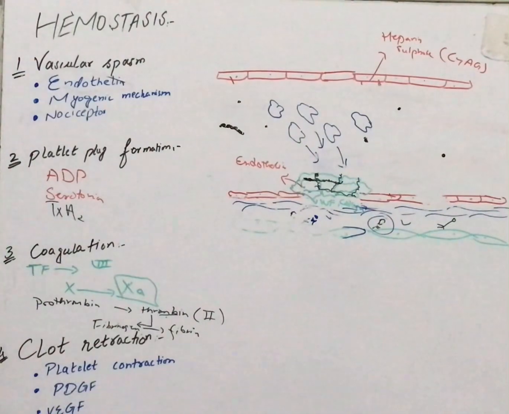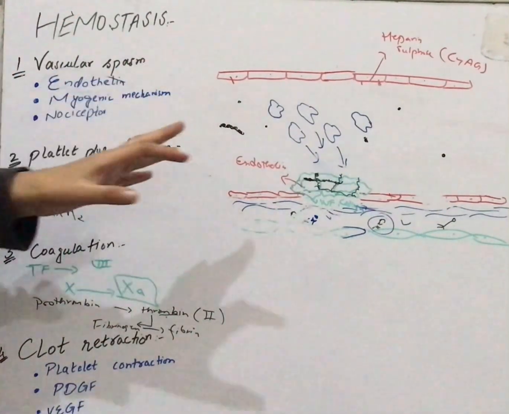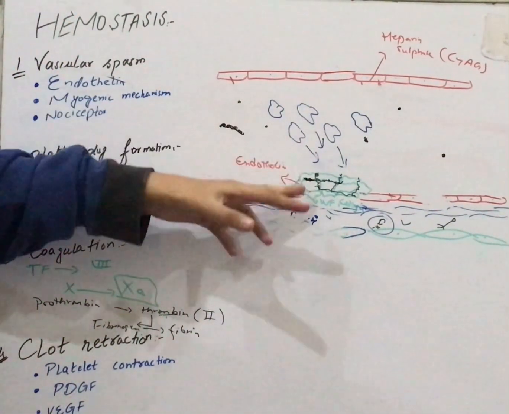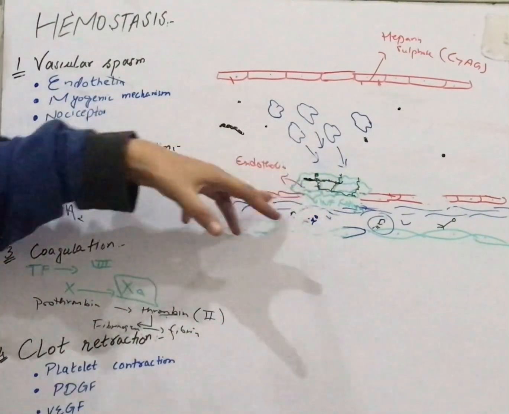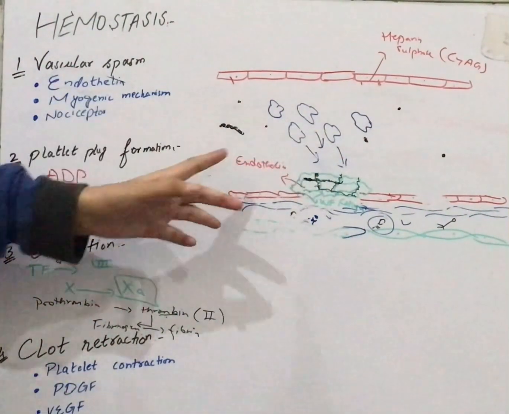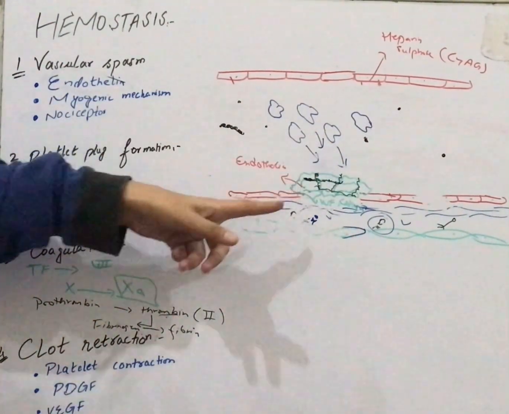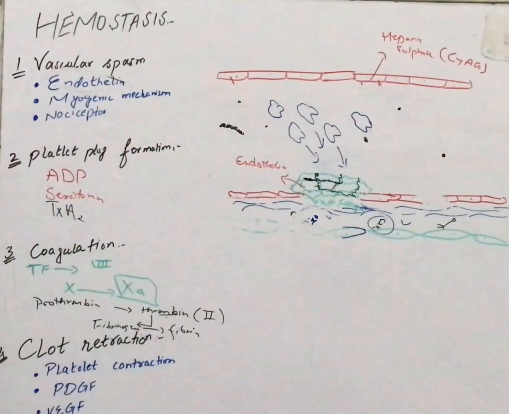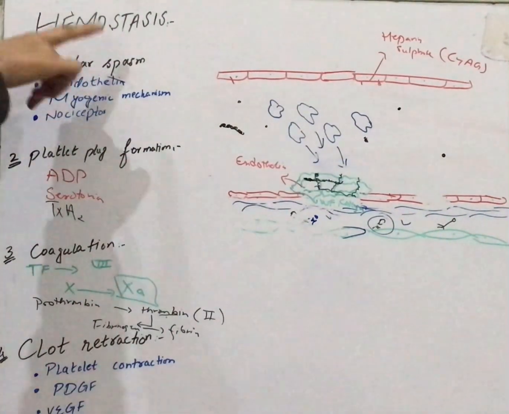So this was the third step that helps in formation of the platelet plug, and when there is fibrin accumulation inside our platelets at the site of injury, this is called a secondary platelet plug. So these are basically three steps out of five of hemostasis.